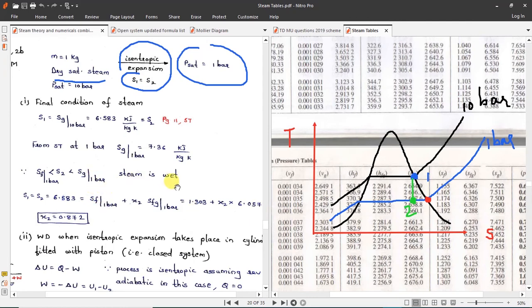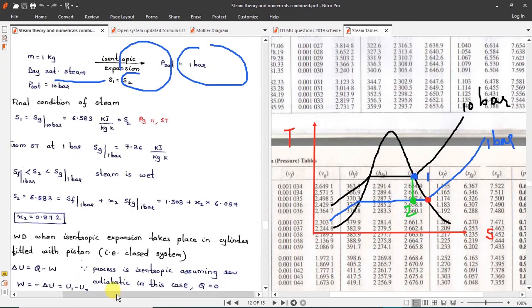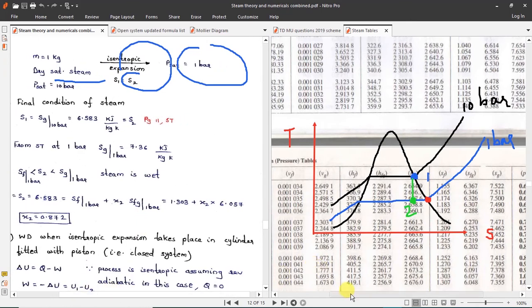So S2 value 6.583 is equal to, for wet steam, Sf at 1 bar plus X2 into Sfg at 1 bar. In this equation the only unknown is X2. Sf at 1 bar you will get from the steam table. Okay, I'll clear all this now.